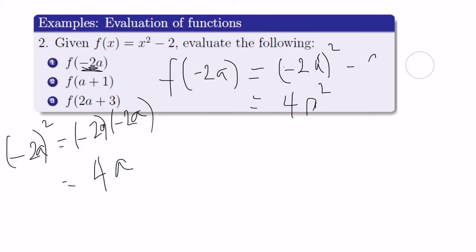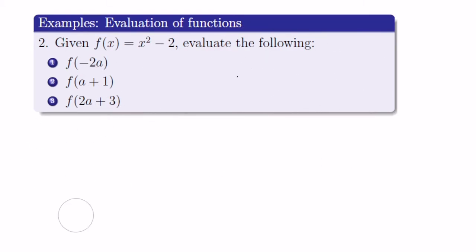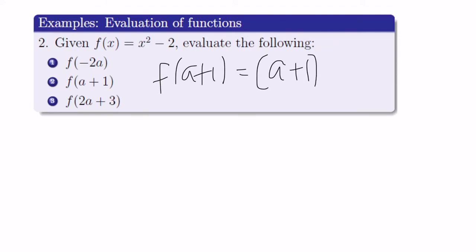Next, the second example, f at a plus 1 is equal to a plus 1, so use the parentheses, squared minus 2. So we have the square of a sum, so this is a squared plus 2a plus 1.